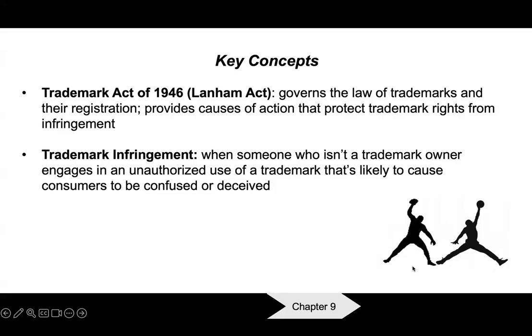Now, the logo immediately to the left of this was proposed by Gronk, who was a former tight end for the New England Patriots when he was creating his own sort of apparel line. Now, this was filed as a trademark infringement claim because it is similar in terms of its structure and display to the Air Jordan trademark.